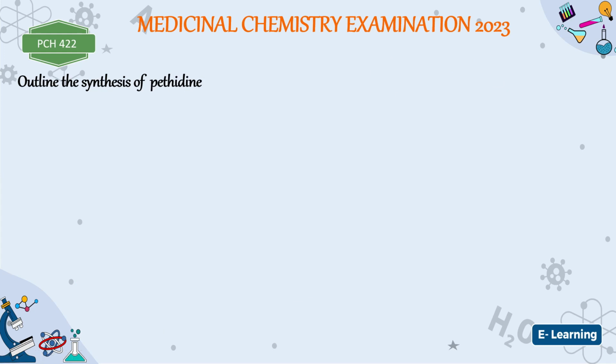Alright, outline the synthesis of pethidine. How do you synthesize pethidine? First of all, what is the structure of pethidine? So for pethidine, we have the structure like this, right? 4-phenyl piperidine.